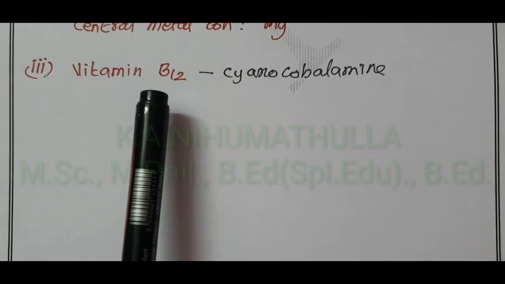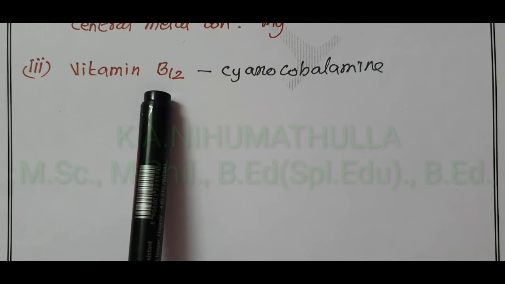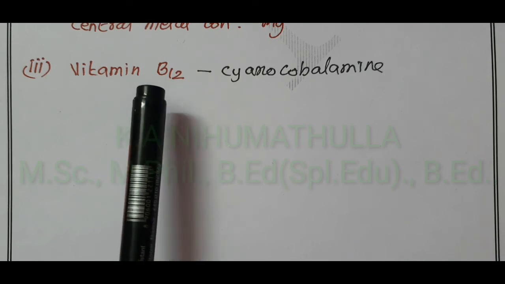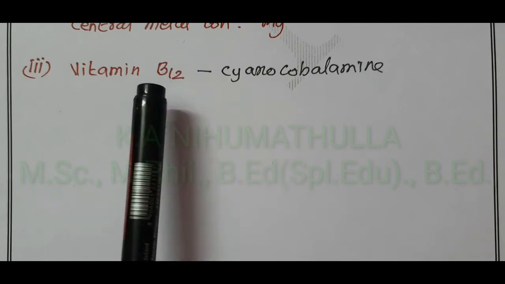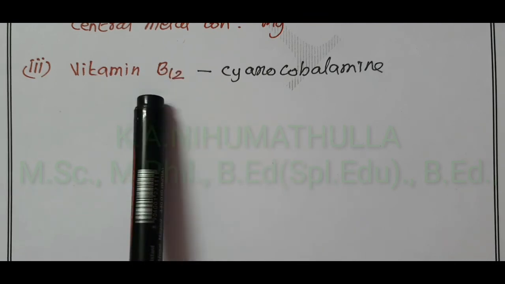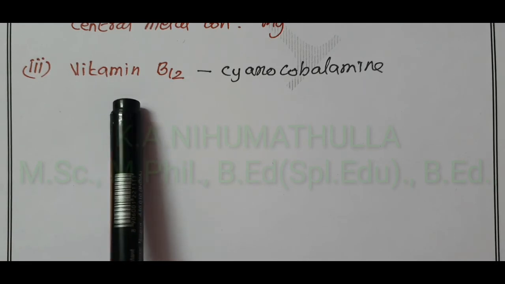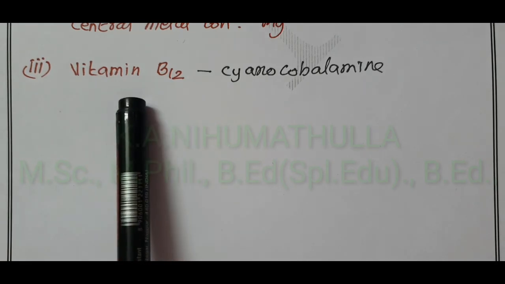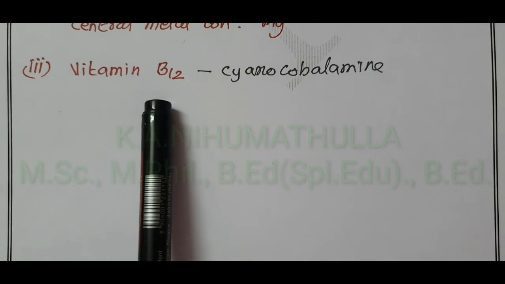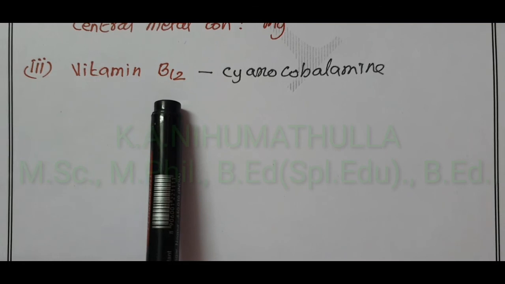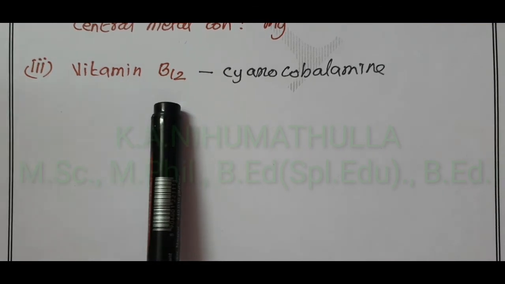It acts as a coenzyme in amino acid metabolism and in red blood cell maturation, and deficiency of vitamin B12 causes pernicious anemia. That is vitamin B12, cyanocobalamin, or simply cobalamin.